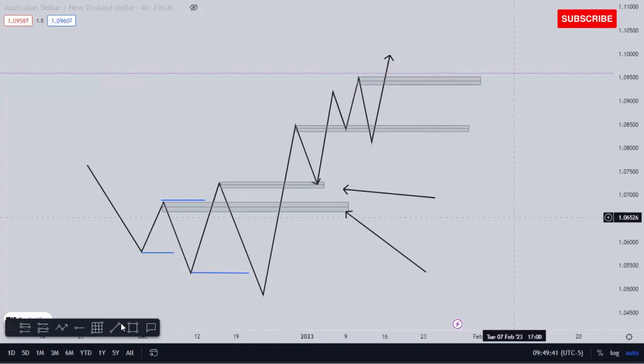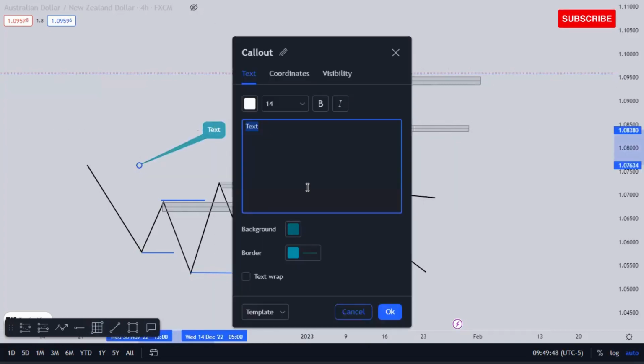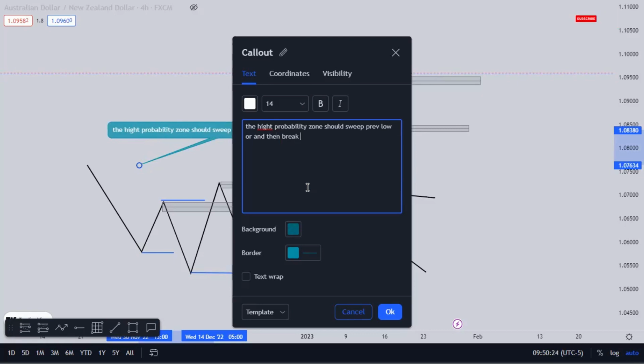That's perfect. Let me write something real quick on the screen so you should understand what I'm saying. What I'm saying is the high probability zone should sweep the previous low or high and then break structure.